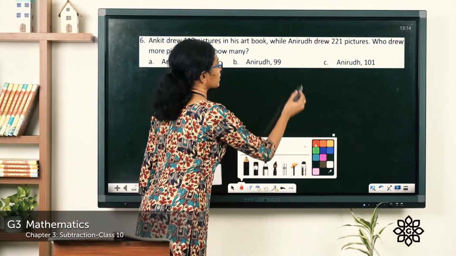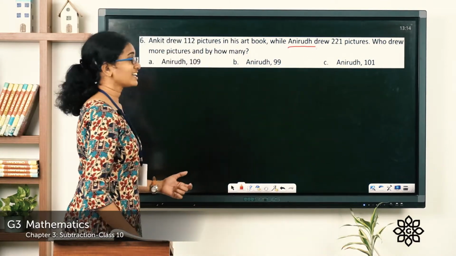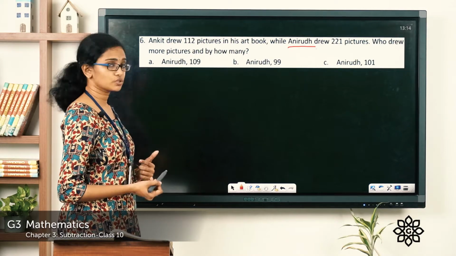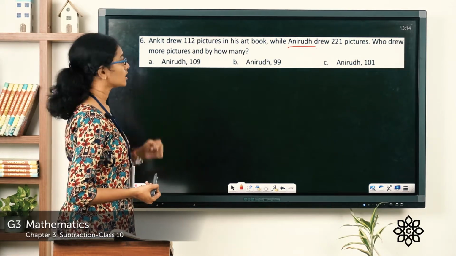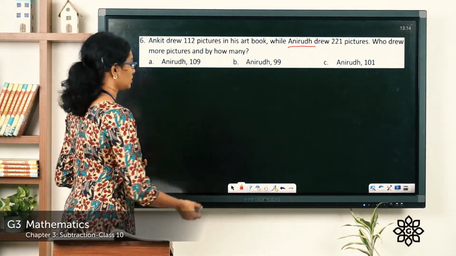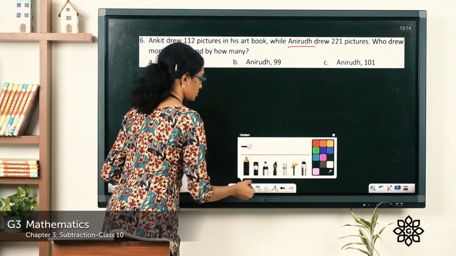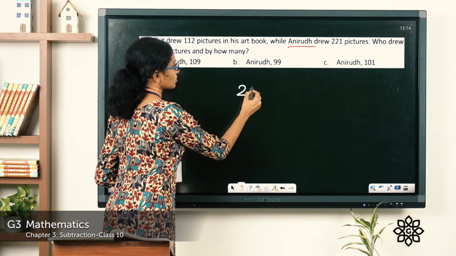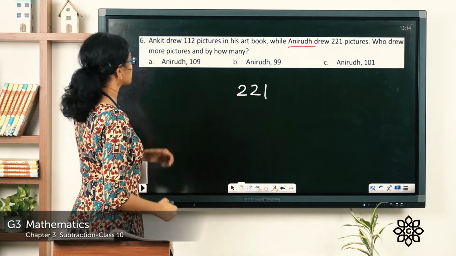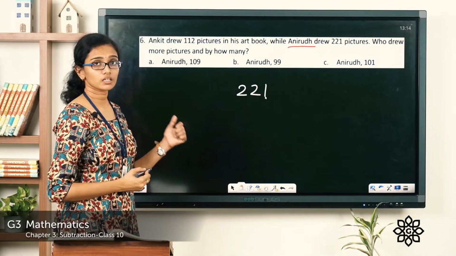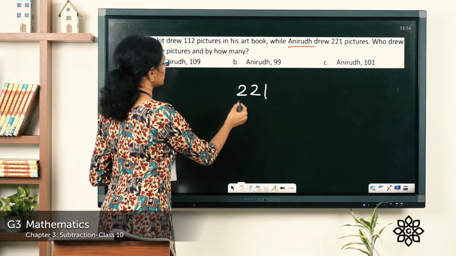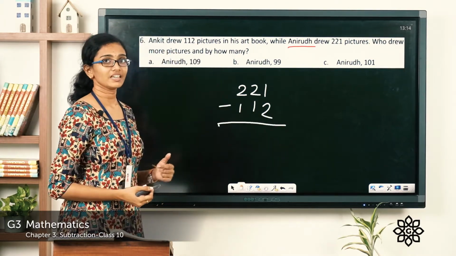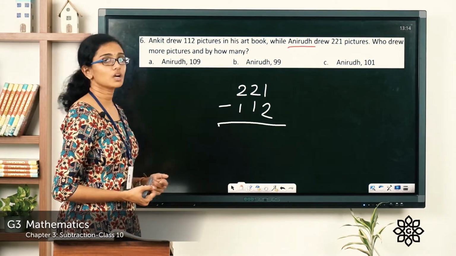Anirudh drew more pictures, and we have to find out how many more pictures Anirudh drew than Ankit. How do we find that? So what is the number of pictures drawn by Anirudh? It is 221. And what is the number of pictures that Ankit drew? It is 112. So let's subtract these two and let's see how many more pictures Anirudh drew.